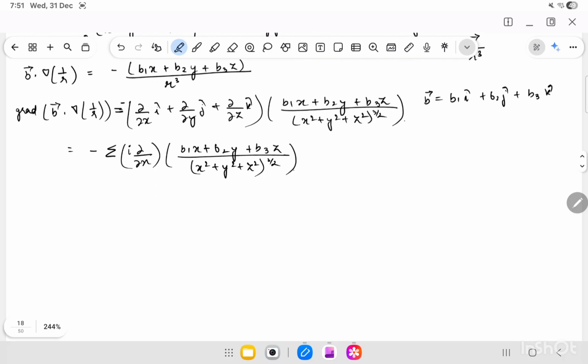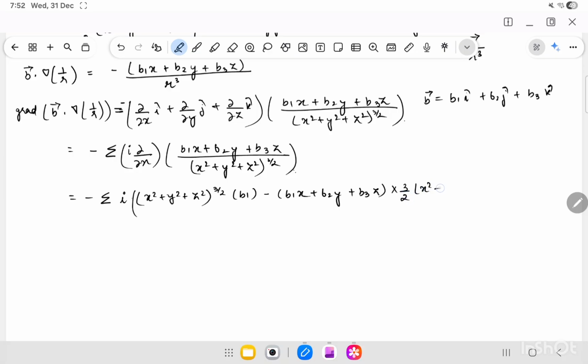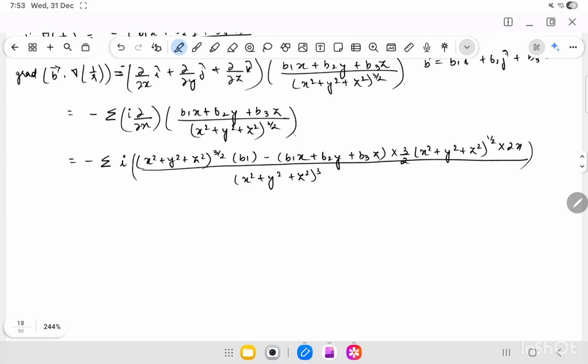So if I evaluate it, it will be equal to minus summation i of, we are supposed to evaluate the partial derivative of this term with respect to x, so it will be (x square plus y square plus z square) raised to 3 by 2 times b1 minus (b1 x plus b2 y plus b3 z) times 3 by 2 (x square plus y square plus z square) raised to 1 by 2 times 2x, divided by (x square plus y square plus z square) raised to 3, which will be equal to minus summation i.